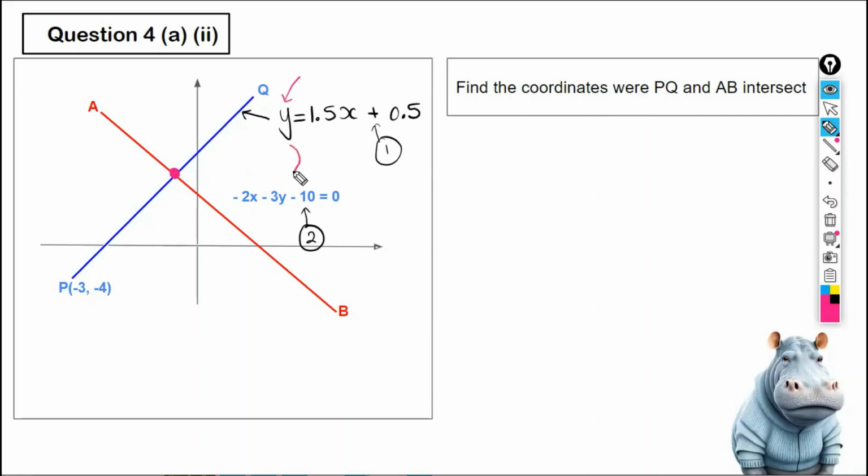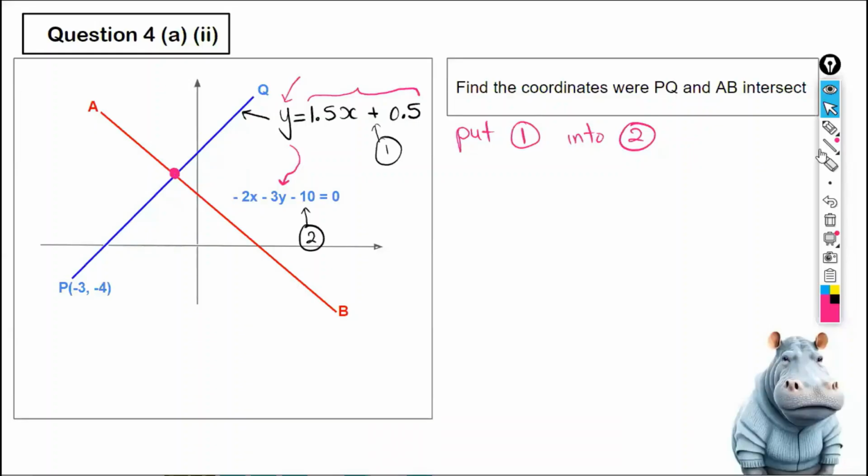So you could just substitute it straight into equation 2. You could throw away that y and in brackets put 1.5x plus 0.5. Good luck. Waiting on your answers on the chat. I don't think the answers will be too nice for this one.